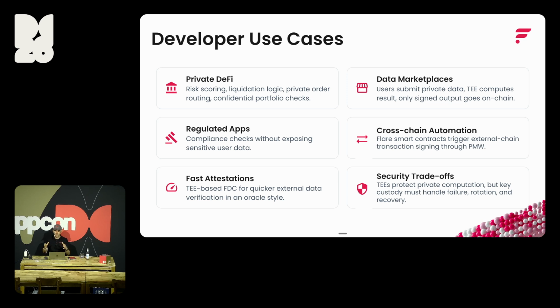Say you have some kind of risk scoring which you don't want to expose. It's your tactic. Some kind of specific logic, like private routing or confidential portfolio checks. You need to go and check some kind of API, or real-world applications.